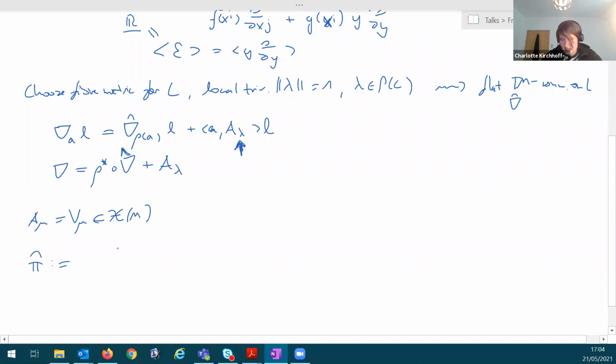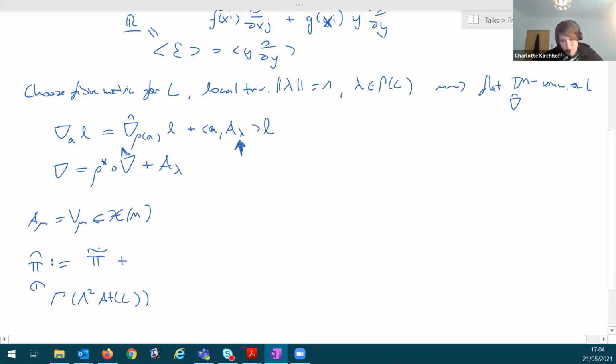We define a Poisson structure, which you can either view as a section of the alternating square of the Atiyah algebroid, or as a Poisson structure on the total space of L, which will then be linear, and which looks like this.